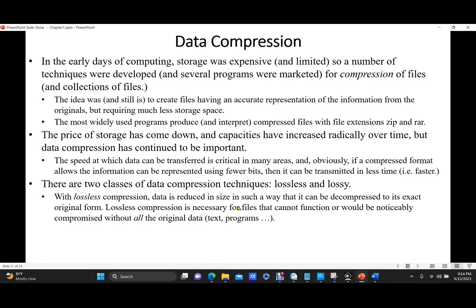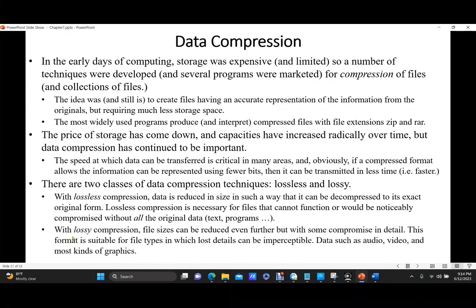This is essential for files that cannot lose any information. A text file, any change changes the content of what it says. A program, any change, just a single bit, is going to change what the program does when it's executed.